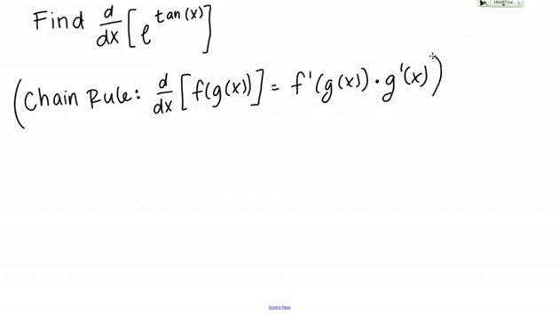The derivative of the composition is the derivative of the outside evaluated at the inside function times the derivative of the inside function. In this case, my outer function is e to the x, and my inner function is tangent.